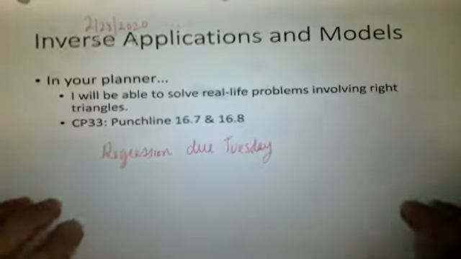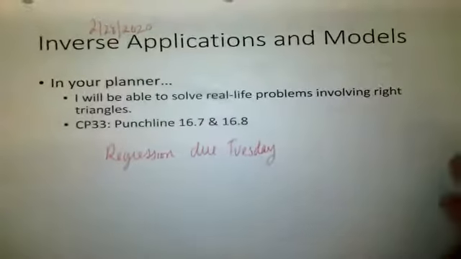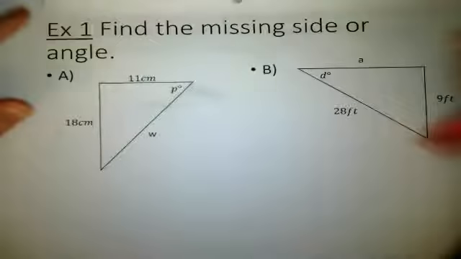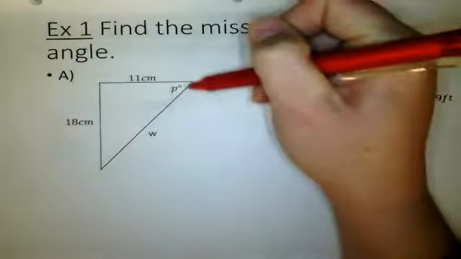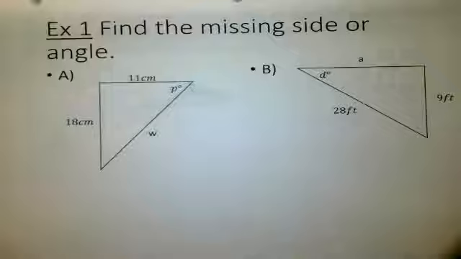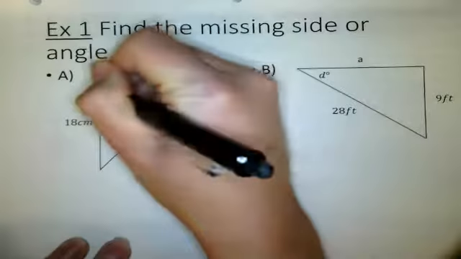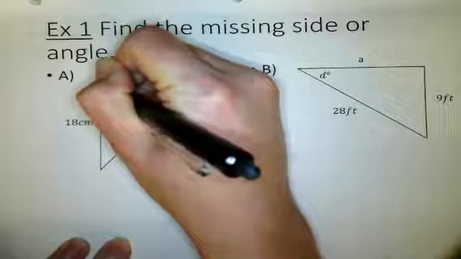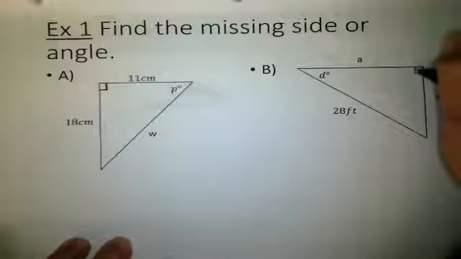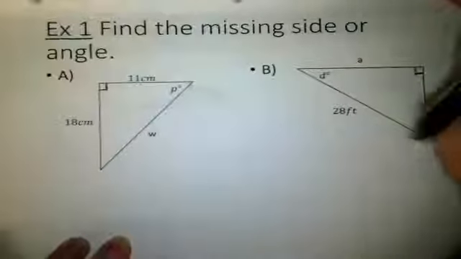All right. So today we're using inverse applications and models. This is actually the whole reason why we have inverse functions: solving for angle measures. So example 1, we want to find the missing side or angle, and this is a right triangle, so that's very important.